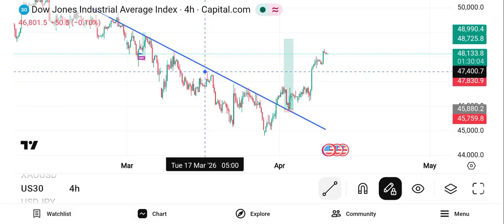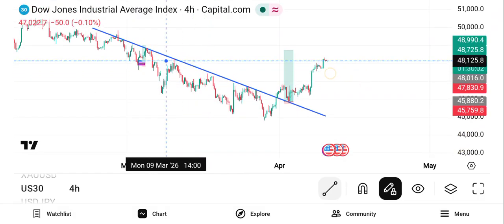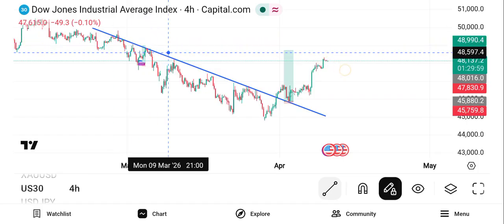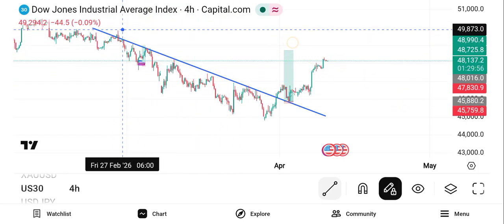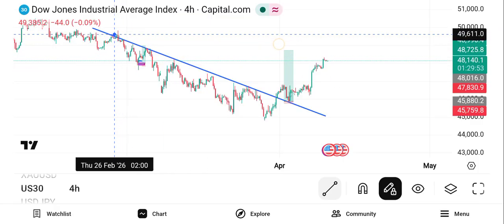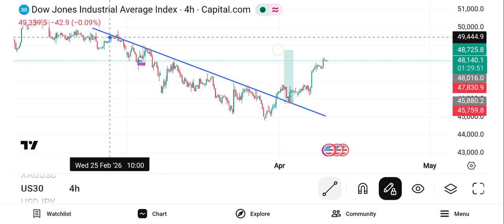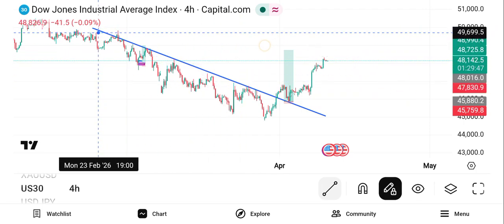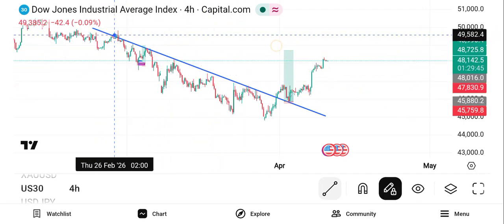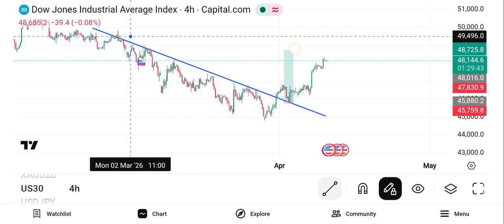One thing again that you need to know is whenever market is forming a trend line pattern, it simply means there is liquidity that has been accumulated at the upside. So market will eventually go and clear this trend line liquidity.